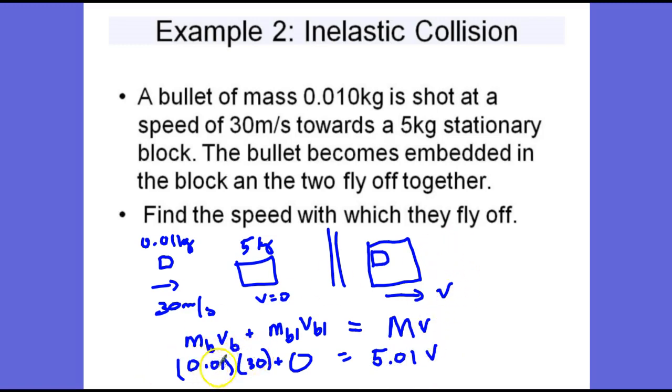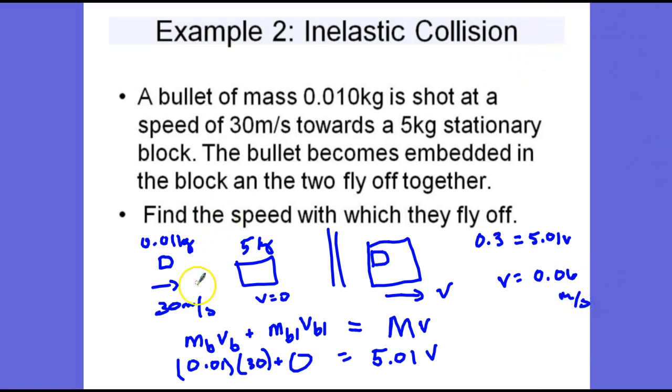And so on the left-hand side, 0.01 times 30 is 0.3, so 0.3 equals 5.01 v. Okay, so 0.3 divided by 5.01, and I get a velocity of 0.06, rounded a little bit. Velocity is 0.06 meters per second.